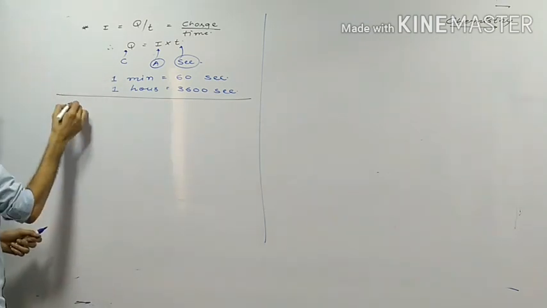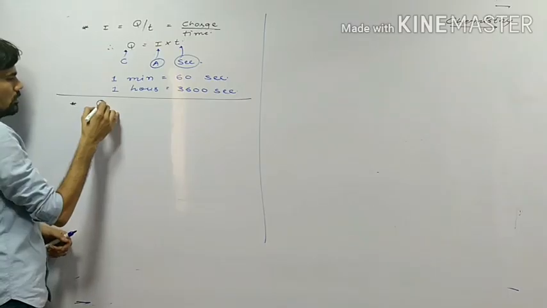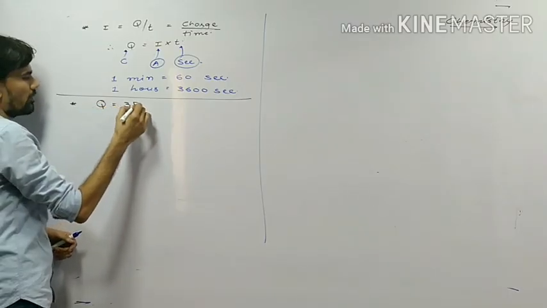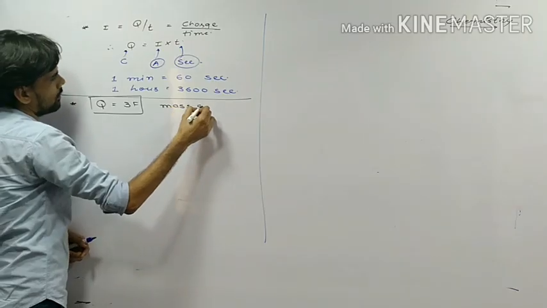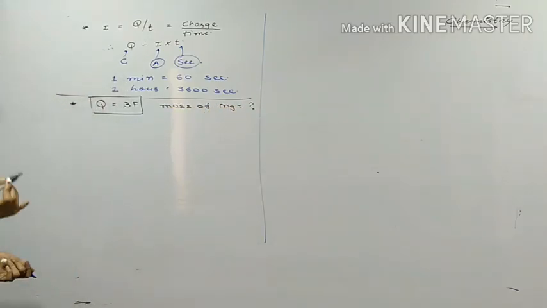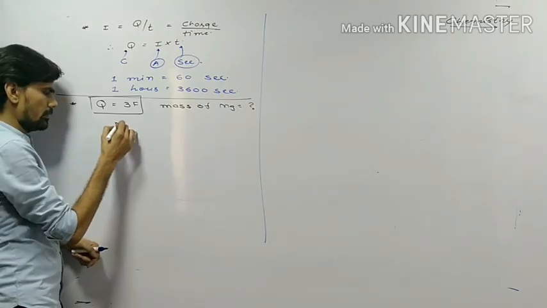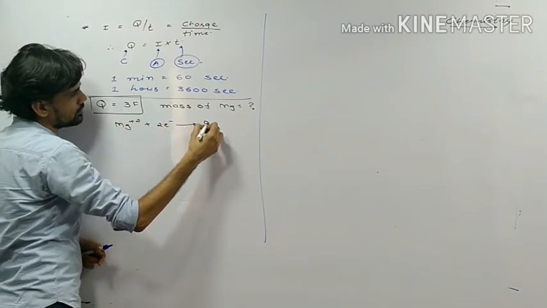Now, different questions. Q is equal to 3 Faraday. Mass of Mg is equal to what? First of all, write down an equation. Mg2+ plus 2 electrons gives Mg.